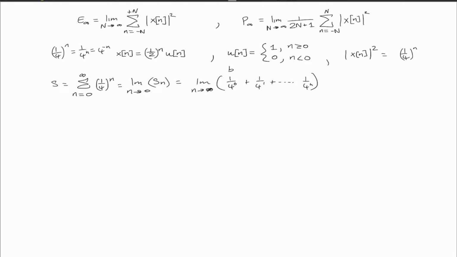Before we evaluate this, we can see that as n approaches infinity, the geometric progression is decreasing. In order to calculate this, we need to find a partial series, some kind of expression for a geometric progression.